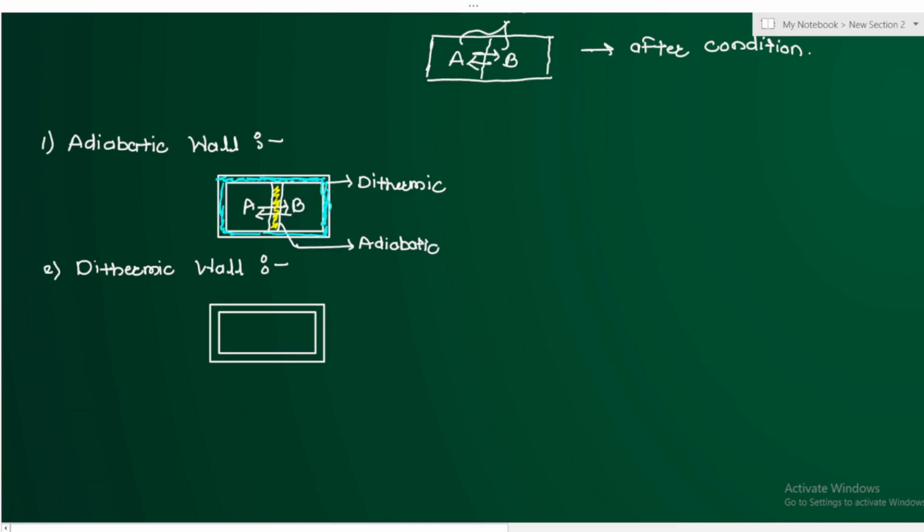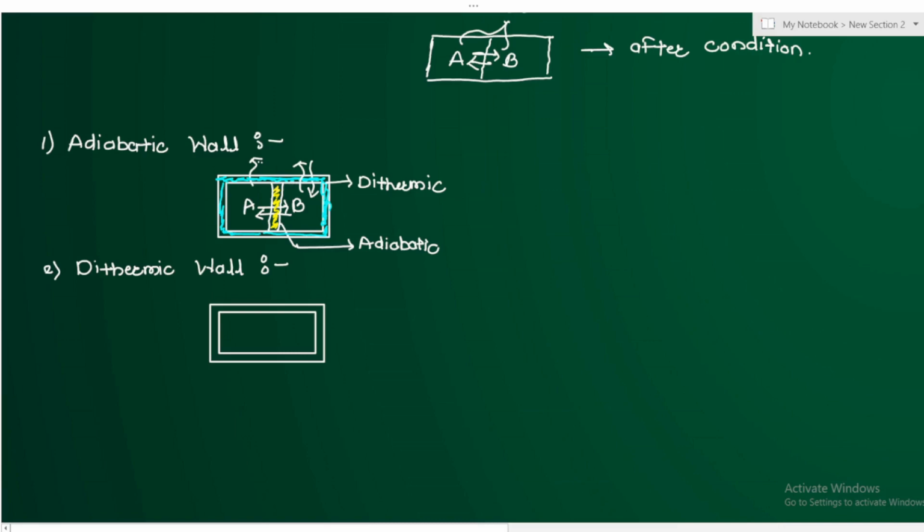Means here the blue color is the diathermic wall, means A can give heat to the outer surrounding, and B also can give or take heat from the surrounding. Similarly, after some time, A will give heat to the surrounding and B will get that heat from the surrounding. So both the systems will be in equilibrium after some time, even though they are separated by adiabatic wall.